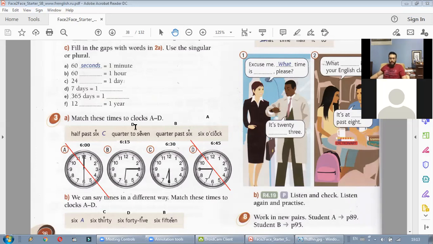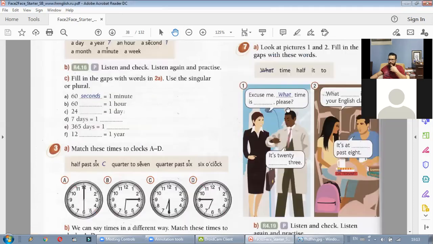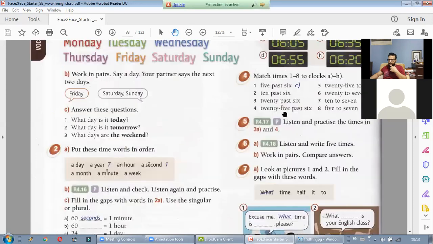We talked about talking about time, but we didn't talk about asking about time. So let's see how we can ask about time. Okay, so let's check exercise 4. Let's go to exercise 4 and let's see how we ask about time.